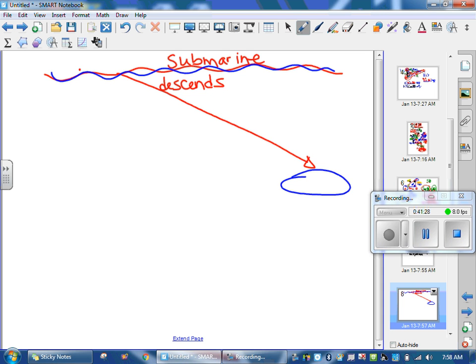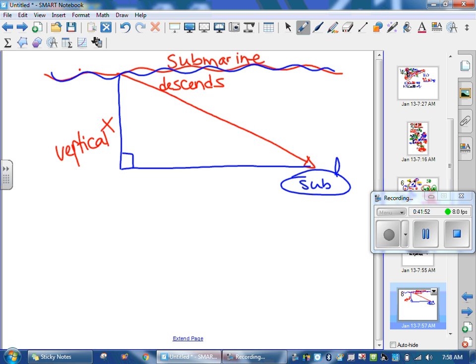So if you created a triangle, a lot of the questions are going to ask you, what is the vertical depth? They might ask you this. That is our vertical depth. Okay, this would be our vertical depth right here. The path of the submarine would be this, the path of our submarine. Okay, there's the path of the submarine.